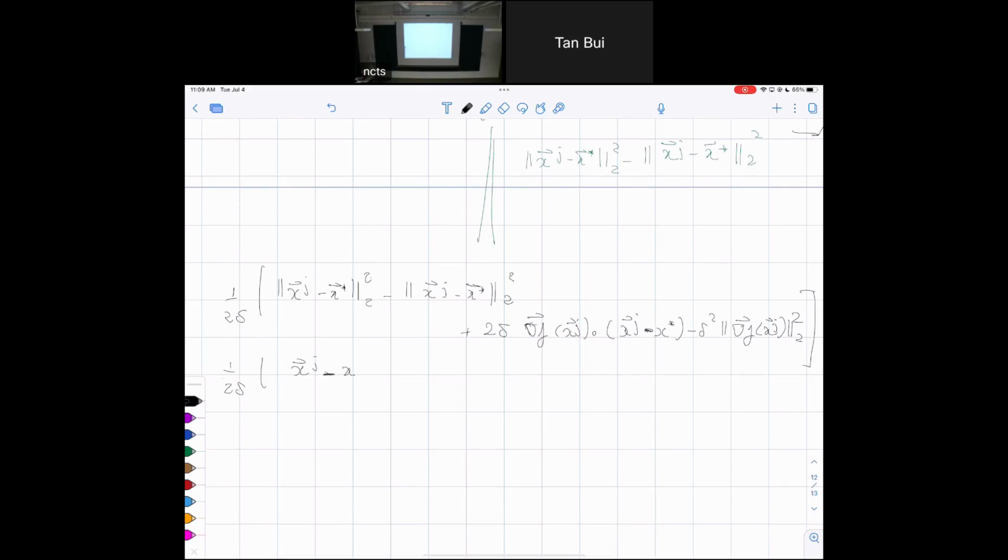The rest of the term is equal to what? Go ahead. You wanted to say something? Yes, please. A minus b squared. Okay, what is A? What is B?